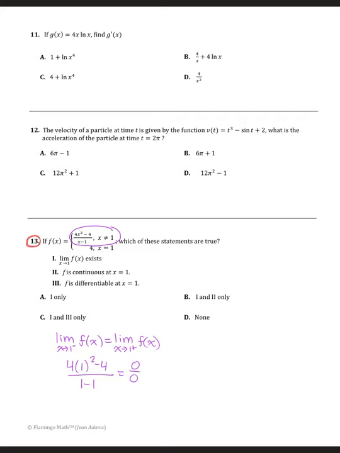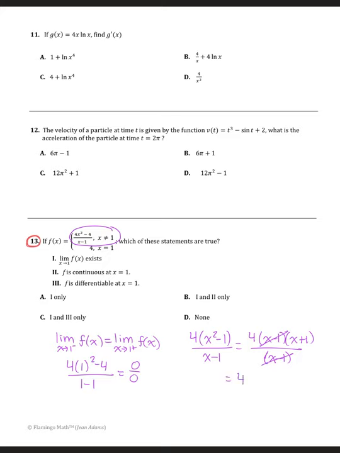So I need to find some other way to figure out this limit. If you factor out a 4 out of the top, and then you can factor it a little bit more because that's the difference of squares, you will notice that x minus 1's cancel.